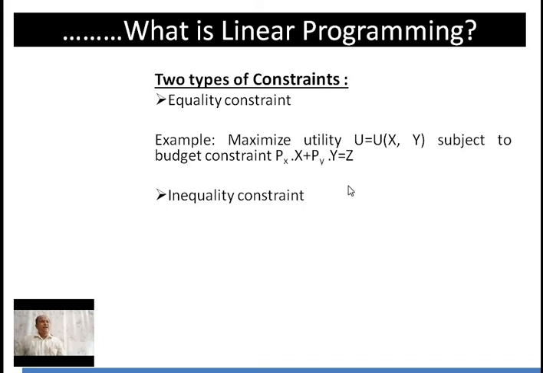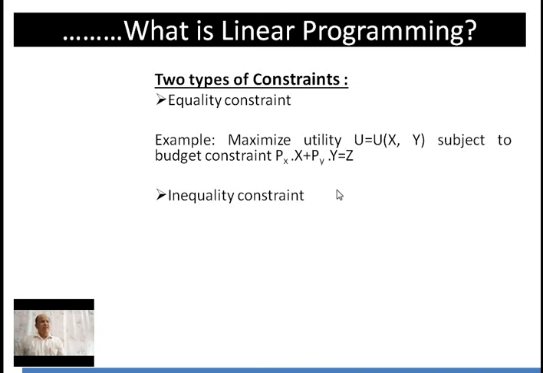But when he maximizes his utility, he may do so either by fully utilizing the resources or before fully utilizing resources. This type of condition is called the inequality constraints.